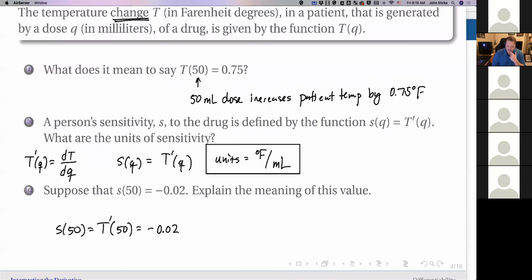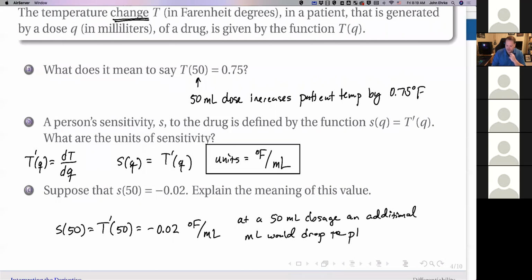So this is saying, using the units here for the derivative, that at a 50 milliliter dosage, an additional milliliter would drop the patient temperature by approximately 0.02 degrees Fahrenheit.